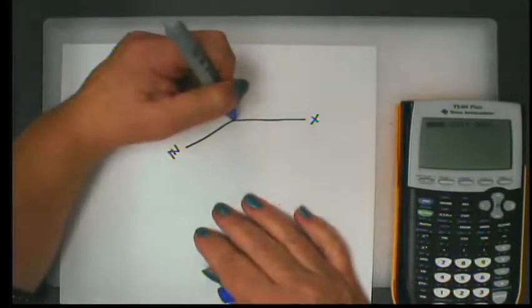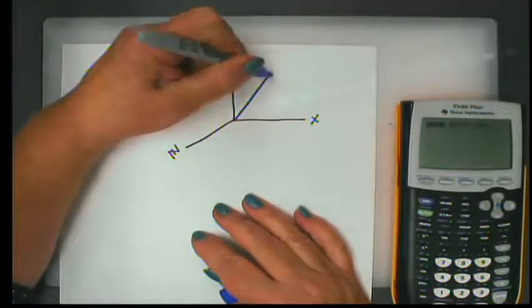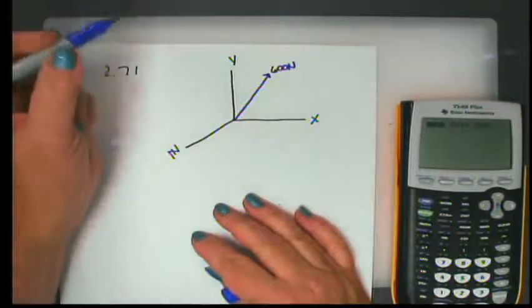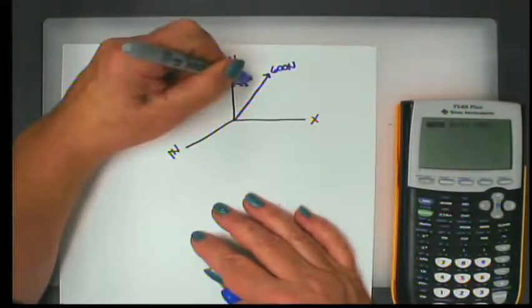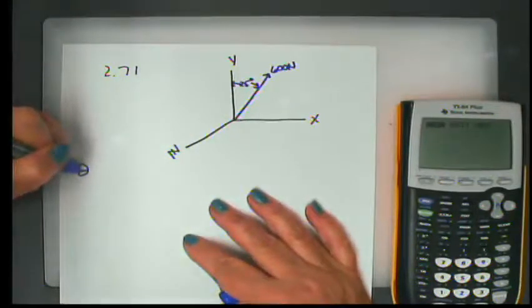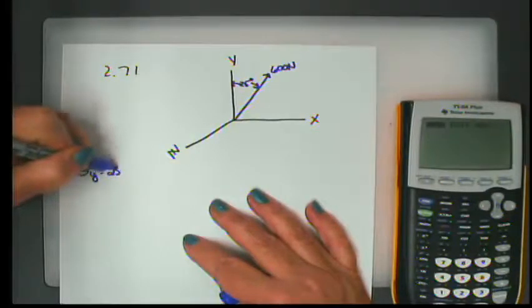I'm not going to draw both of them on here because I only need to talk about the 600 Newton force. We're told that the 600 Newton force makes a 25-degree angle with the y-axis. That means right off the bat that theta y is equal to 25 degrees.